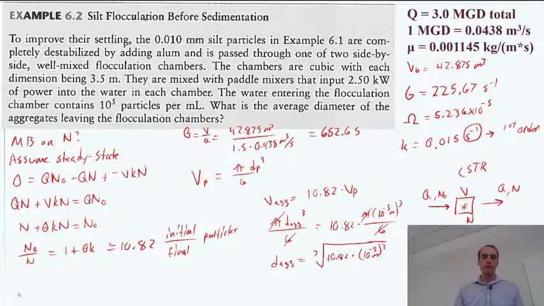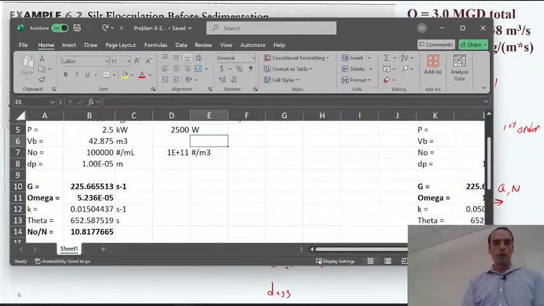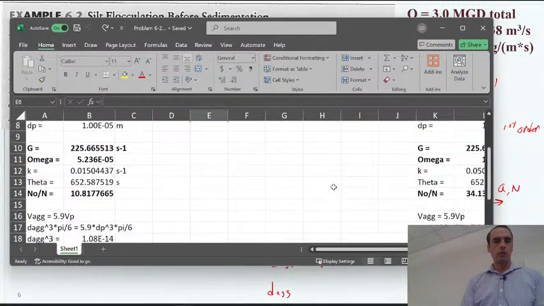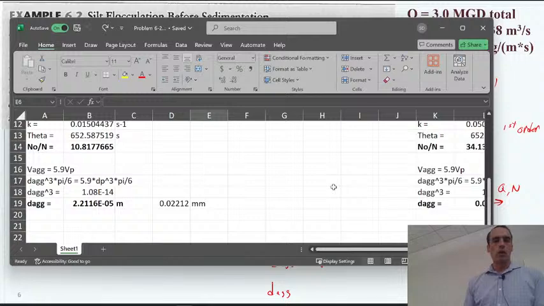So with this, we can get the diameter of the aggregate. Cancel a few things, set it up as the cubic root of 10.82 times that diameter term cubed, and that should give us a final answer of 2.21 times 10 to the minus fifth meters.